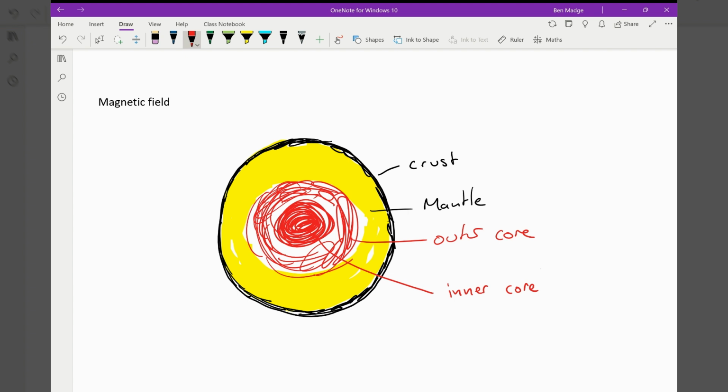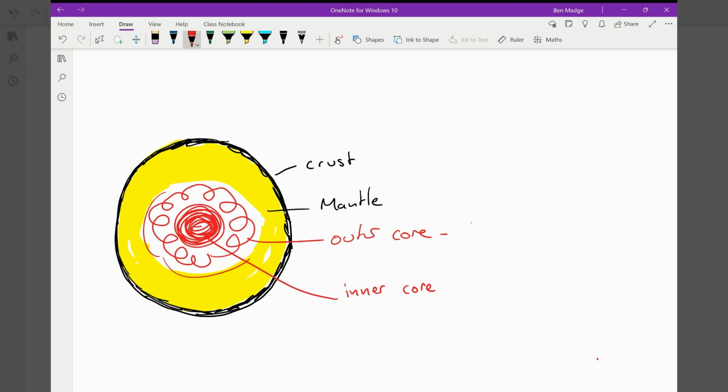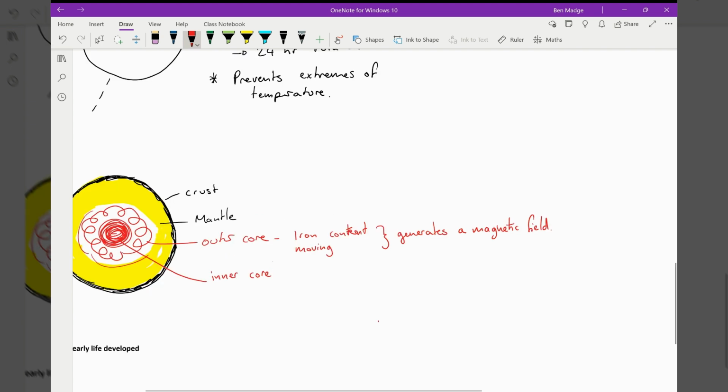But this outer core, we think that there are convection currents within it that move, and because it's high in iron, it's got a high iron content and it's moving, and this means that it generates a magnetic field.